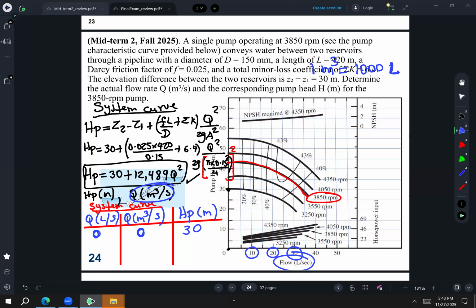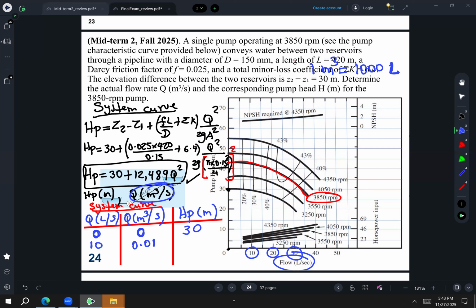If the flow is 10 on the pump curve, for the system curve it will be 10 divided by 1000, because remember 1 cubic meter is 1000 liters. So that will become 0.01. Therefore, in the system curve, we plug in 30 plus 12,489 times 0.01 squared.